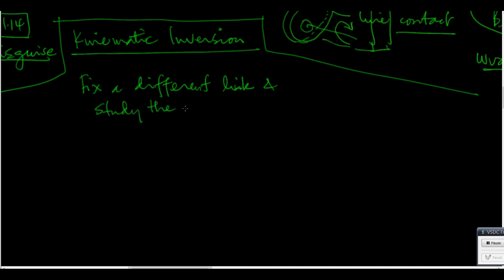You may think that it is obvious, but actually there are non-trivial consequences of this, as you will see. And when we fix a different link, what happens is that the relative motion stays the same. And that is the key part. That is the main reason why you do it.